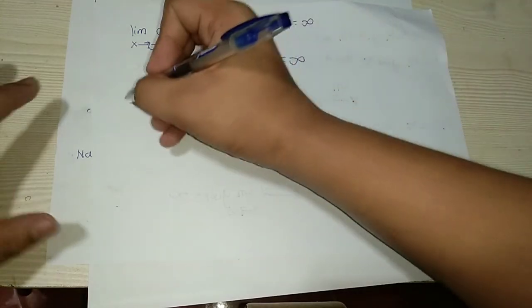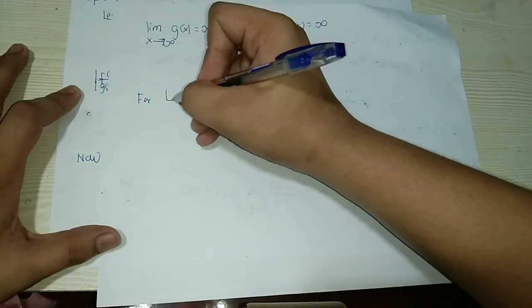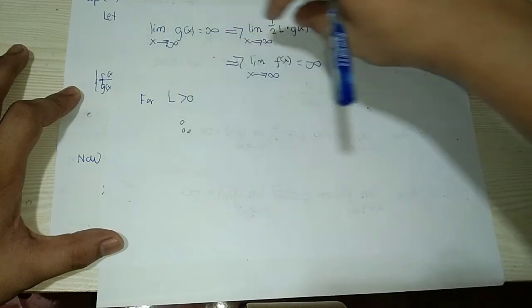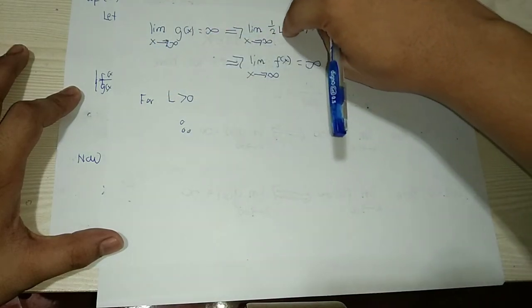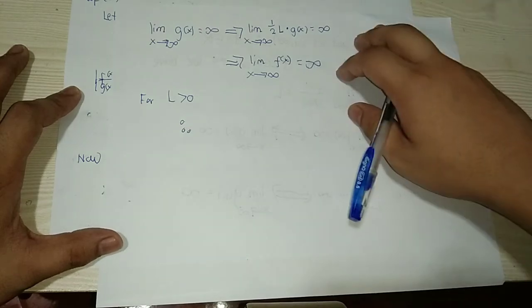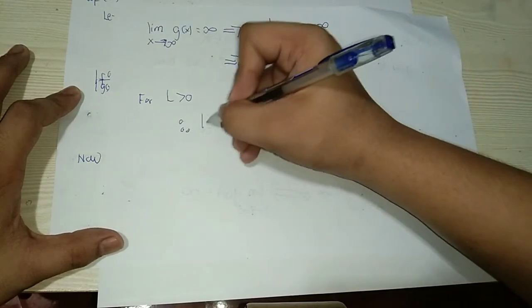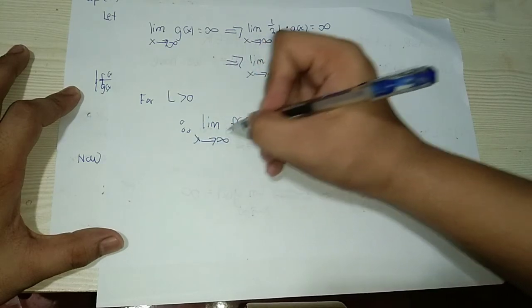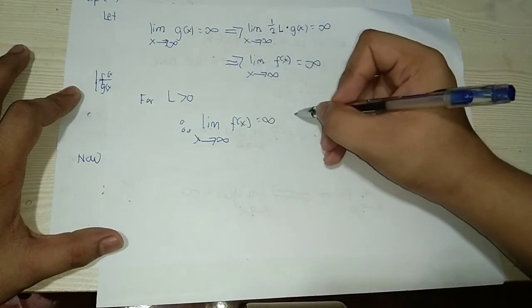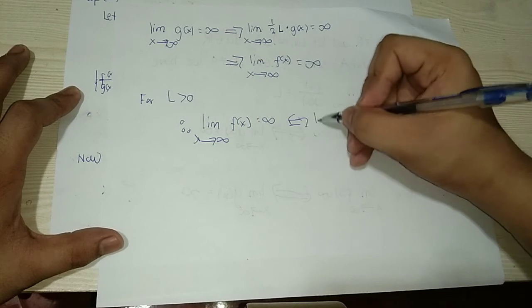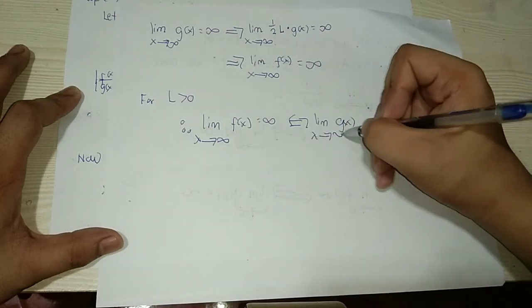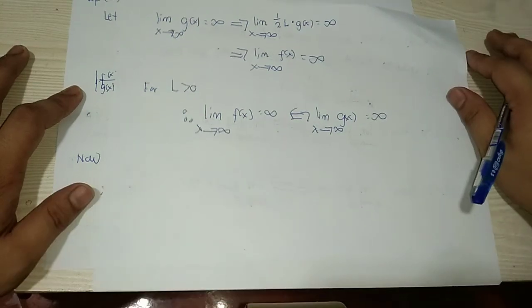Therefore, for L greater than 0, so here L is greater than 0, so we are sure that this will not be negative, and likewise the earlier one. So, therefore, the limit of f of x as x approaches infinity is infinity if and only if the limit of g of x as x approaches infinity is also infinity.